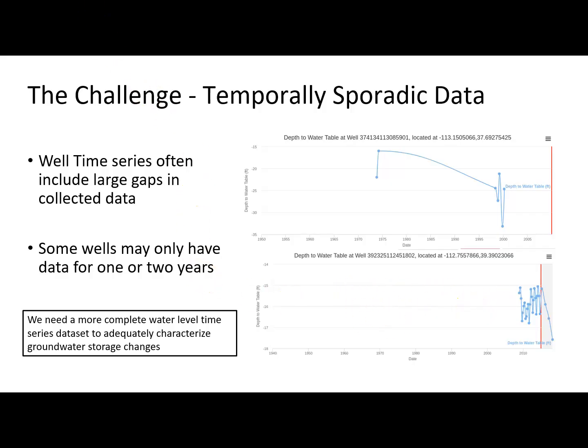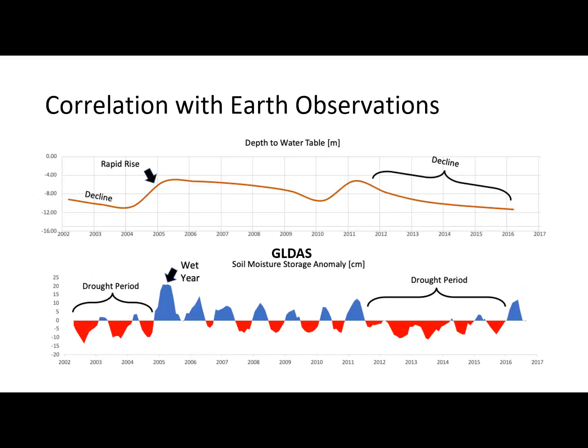And so this is fairly common, and some agencies have fairly complete water level records, but it's much more common to have gaps, large gaps, either between data or before or after the measurements are taken.